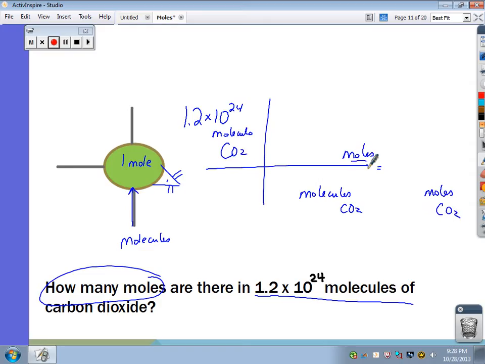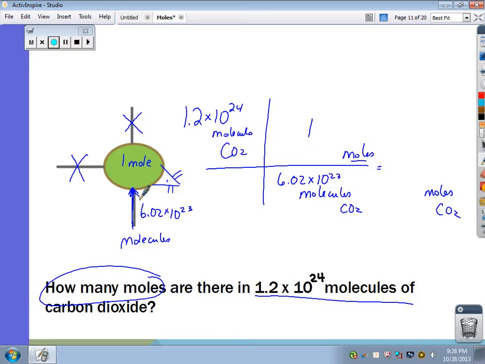How many moles in the mole hole? 1. What do you pass by? 6.02 times 10 to the 23rd, not 22.4, not the periodic table. So I write 6.02 times 10 to the 23rd because that's what I pass by going between molecules and moles.